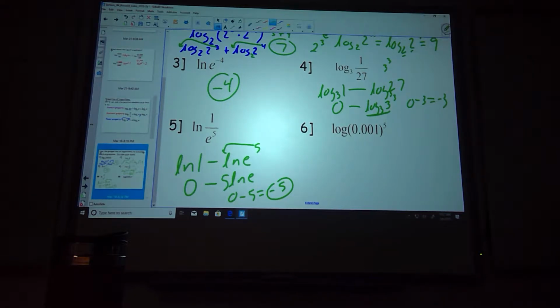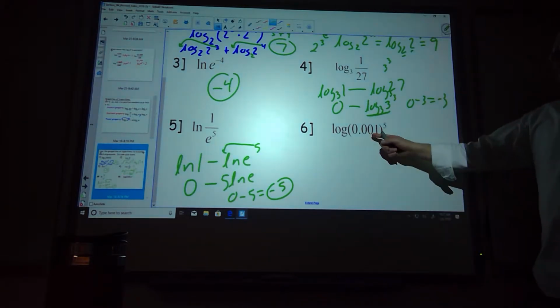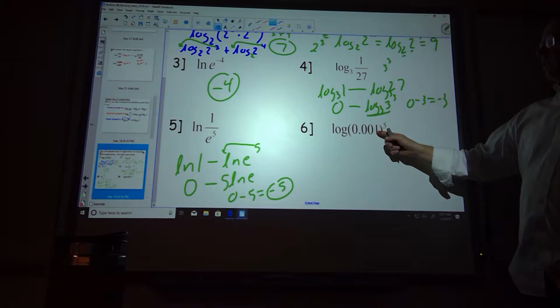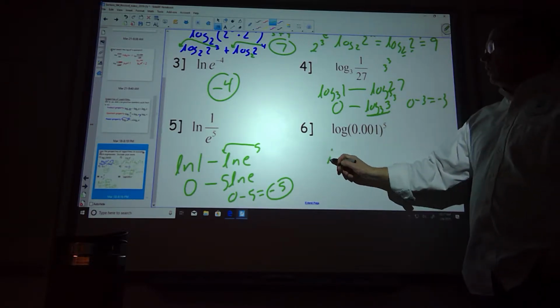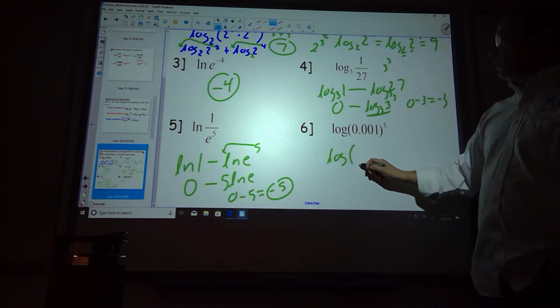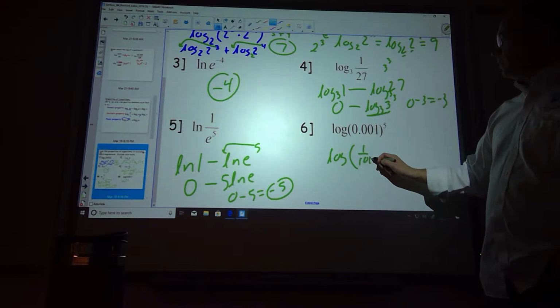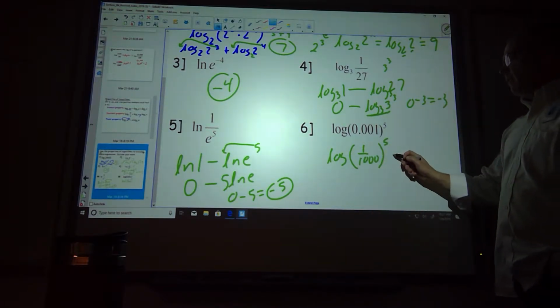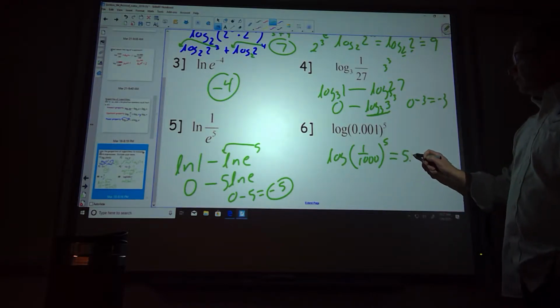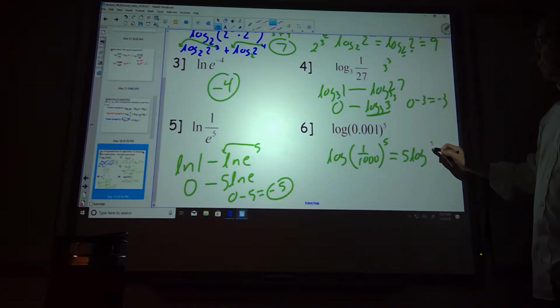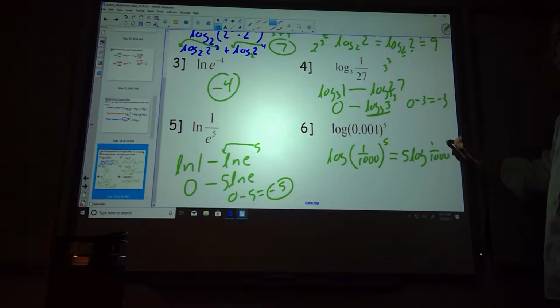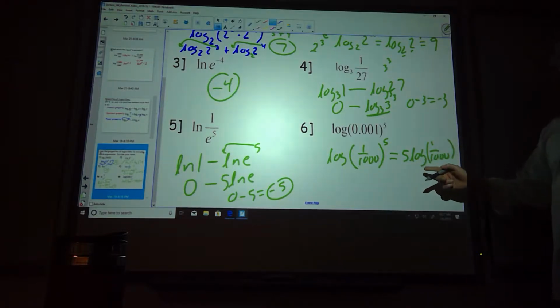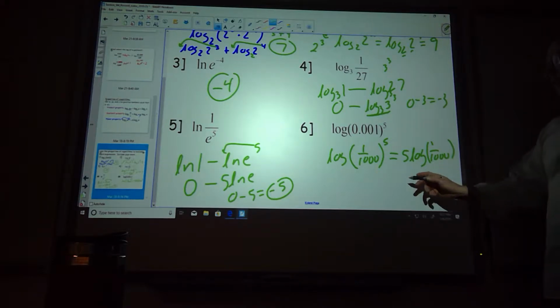And then let's figure out this one a little bit. So this is tenths, hundredths, thousandths. So this is log of 1 over 1,000, raised to the 5th. I can bring that 5 out front. If the log's by itself, it's base 10, so let's change 1,000 to base 10, so it's 1 over 10 to the 3rd.